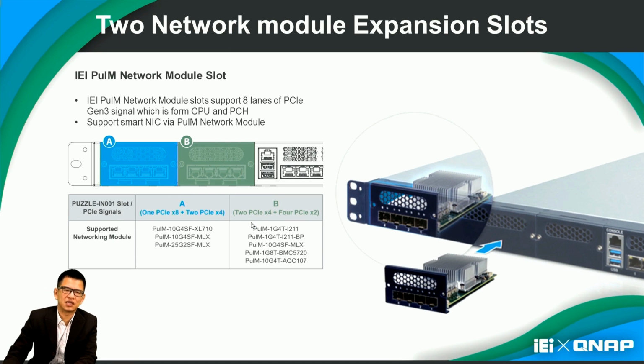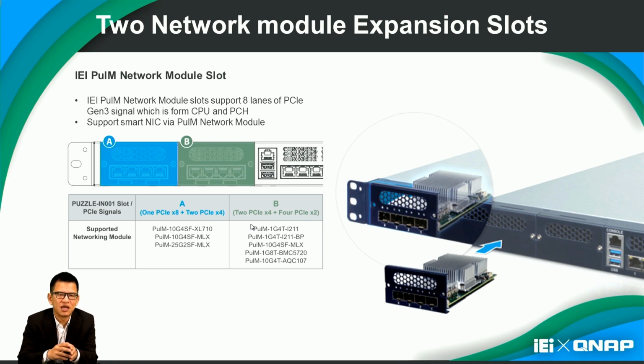This slide shows we can support 2 network modules. First, we can support the A slot. The A slot signal is from the CPU. The signal is PCIe by 8, and we can configure the PCIe signal as 1x8 or 2x4. So we design 2 kinds of network module cards for these 2 configurations.